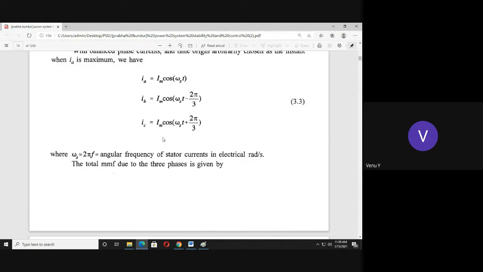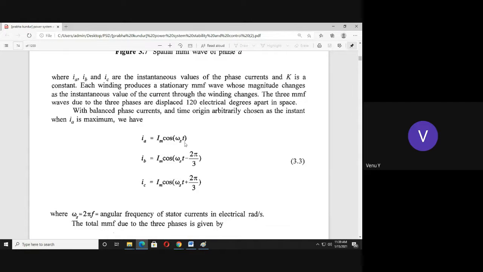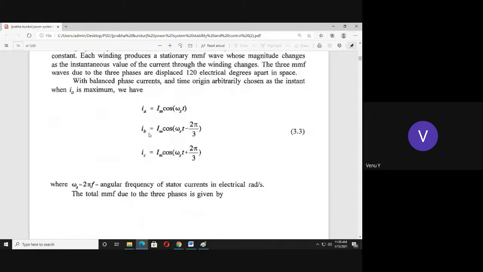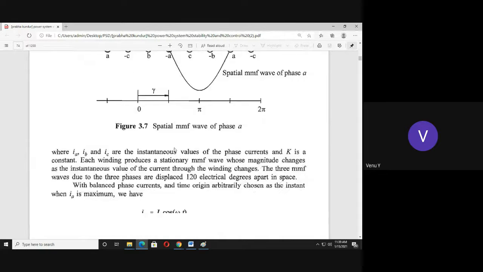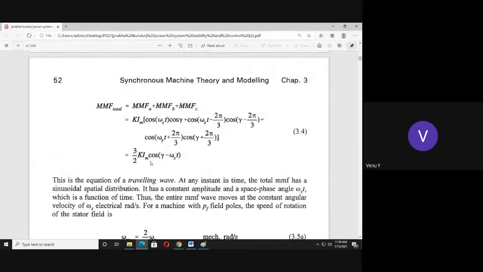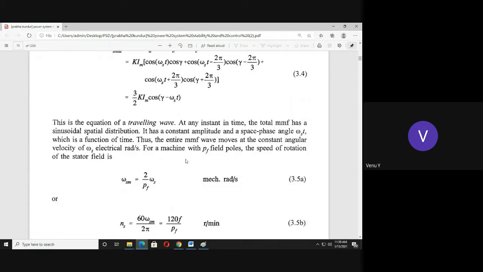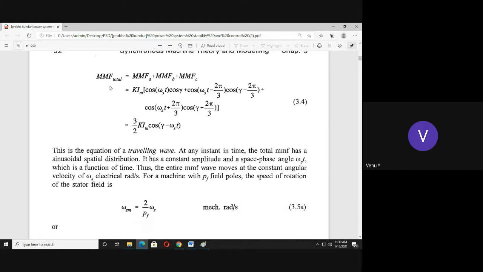Ia, Ib, Ic are expressed in terms of omega s t. Let us substitute all these three into the MMF equations so that you get the final expression as 3 by 2 K Im cos (gamma minus omega s t). So this is the total MMF of all phases.